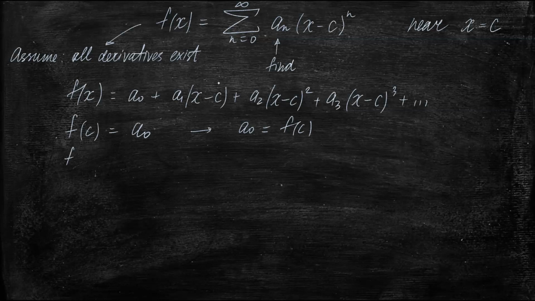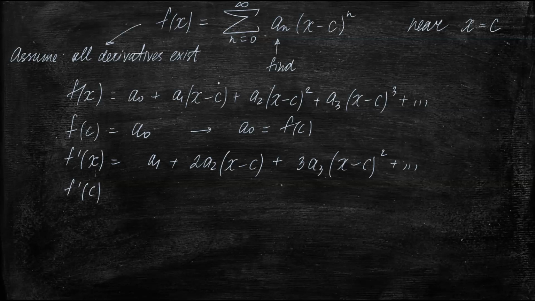Very similarly to the previous process, we're going to differentiate the function. We're going to see how things work out when we differentiate the function, so that when we evaluate the derivative at c, we are now going to lose all of this, and therefore a1 is equal to the derivative of the function evaluated at c, and so on and so on.